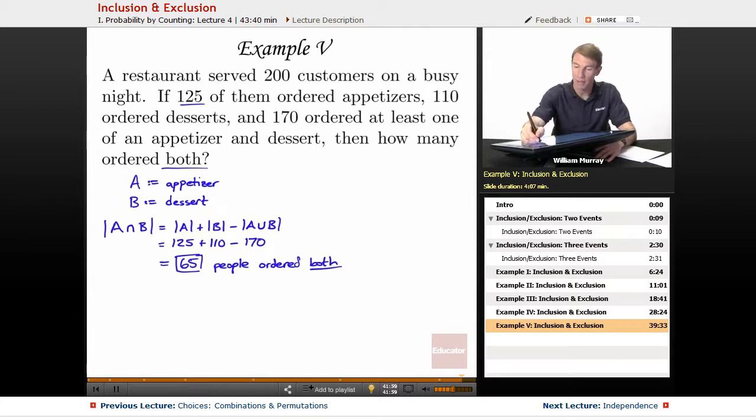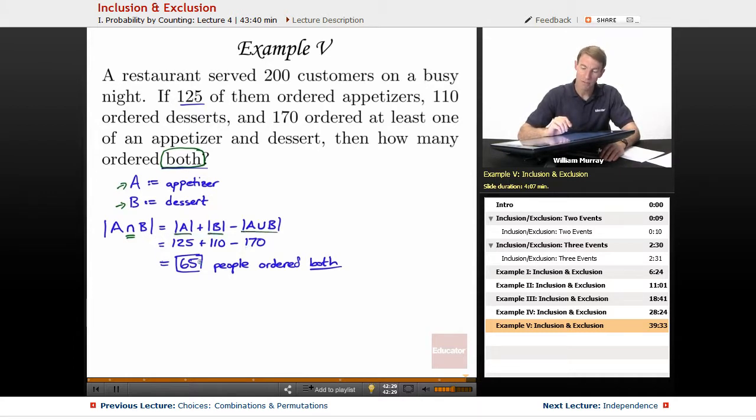So that was probably easier than some of our other problems here, but let me make sure that all the steps are really clear. First thing to do is to set up events, A and B. People who ordered appetizer, people who ordered dessert. And then we're asked how many people ordered both, which means we're counting an intersection. We're going to use the formula for inclusion and exclusion that we had back in the very first slide. So you count the individual events and then you subtract off the union.